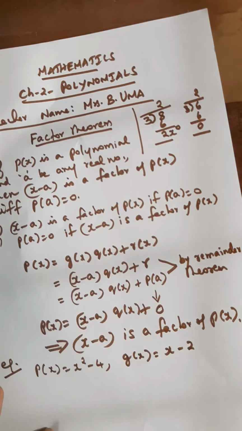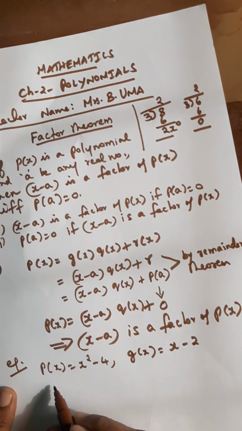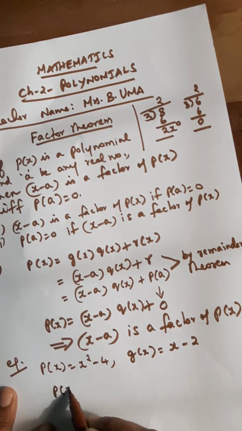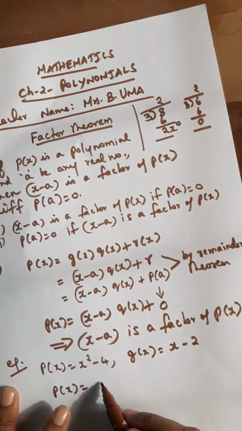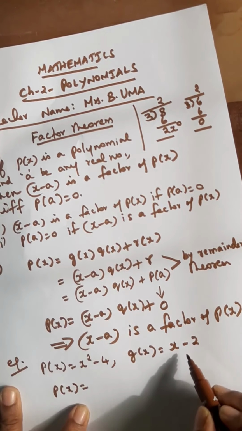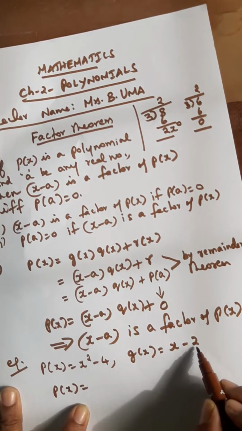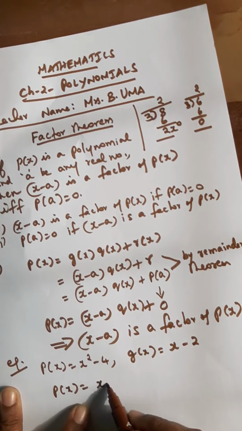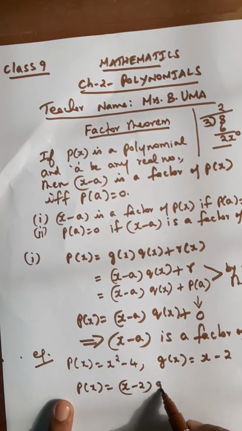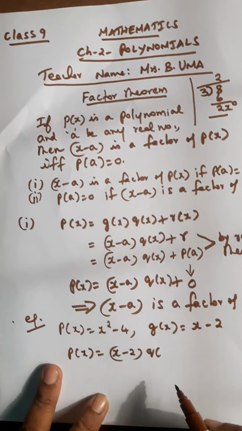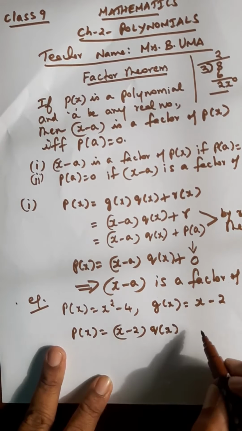Given remainder 0, so I am going to substitute here, P of x equal to, instead of x minus a, x minus 2. P of x is x squared minus 4. Q of x.